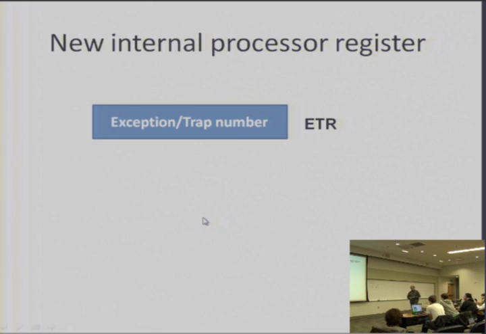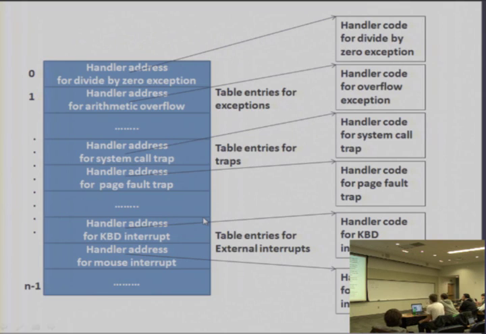is, once we have this number, we can say that there is a table which we'll call the interrupt vector table, IVT. What this table contains is, for each one of those numbers that I'm going to generate, an address that I'm going to store, and this address is nothing but the address of the handler that we have to go to when that particular discontinuity happens.